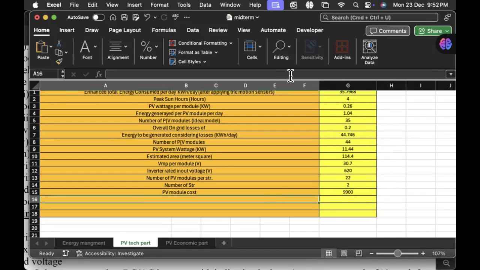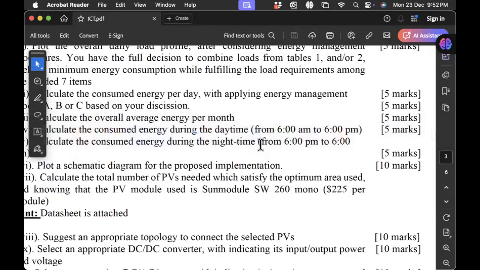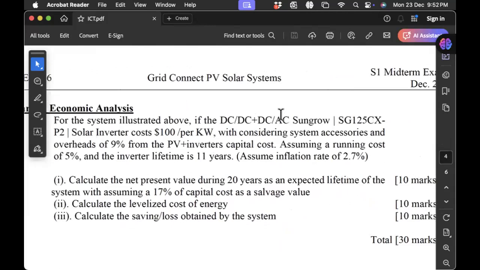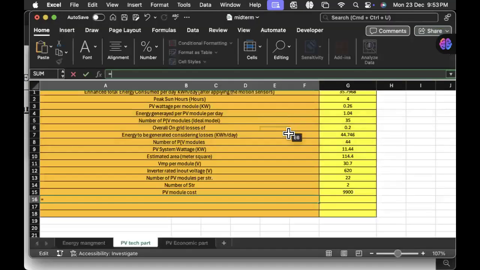And for the cost of the inverter, again, I think we have a guide for that. If you go here, you will find that I told you to assume a cost of $100 per 1 kilowatt. In our case, we used a 20 kilowatt PV DC-AC inverter.